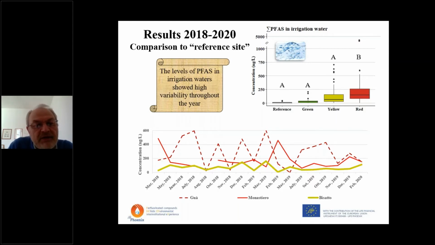But nevertheless, there are still a lot of PFAS in the network, because there is also the use of groundwater, for example, for industrial activity, and they discharge into the river.